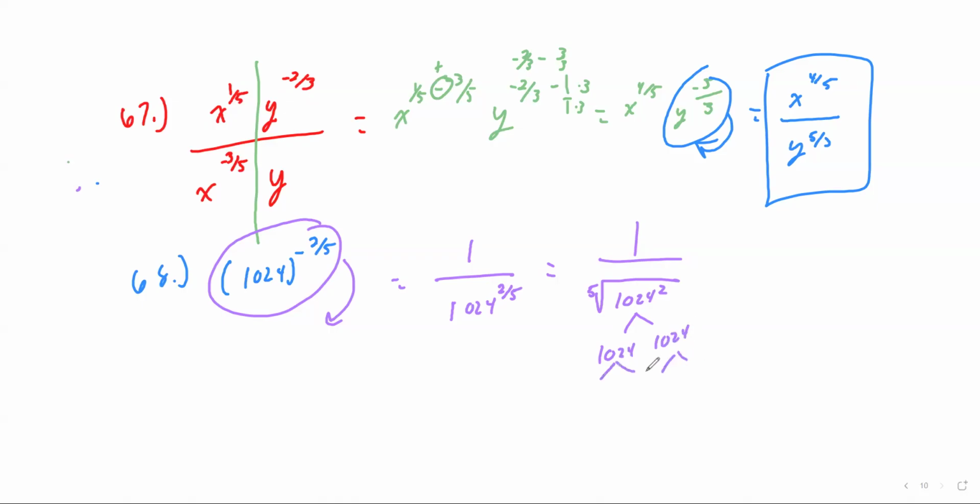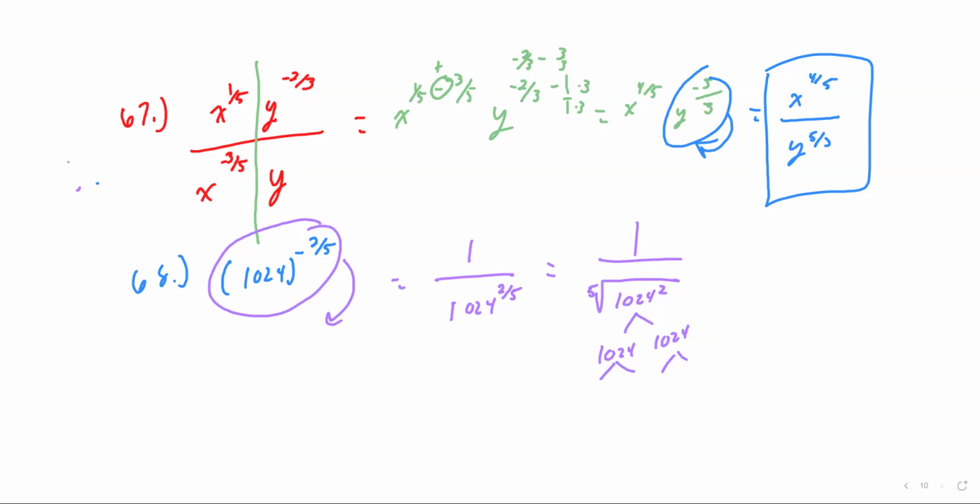Now I'm going to try to think of two numbers that multiply to 1,024. Honestly, I really don't know, so I am going to use a little bit of a calculator here. I think it will work. Let's see, 1,024.